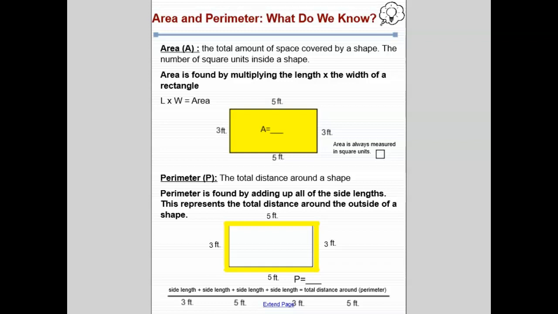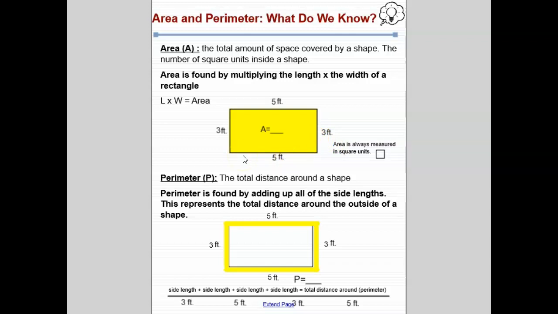Boys and girls, as always, we're going to begin by reviewing the wonderful information we learned during the first 4 lessons. So we know that area is the total amount of space covered by a shape. And area is measured in square units, so we're really trying to determine the number of square units inside a shape.